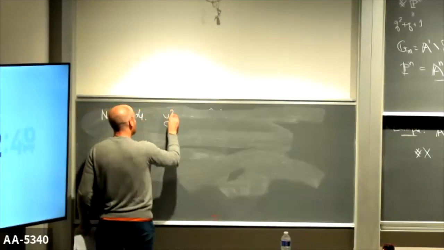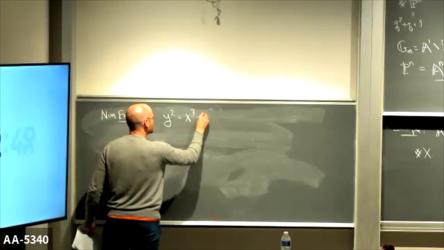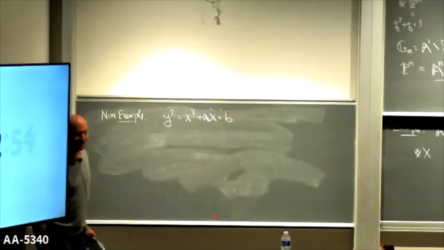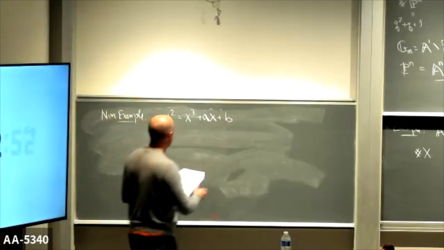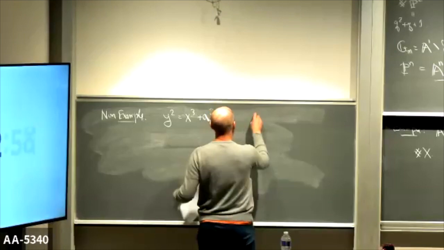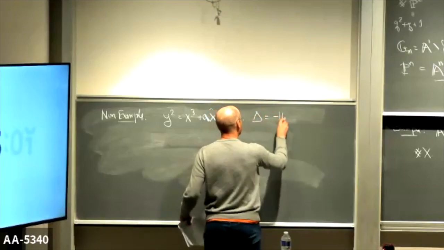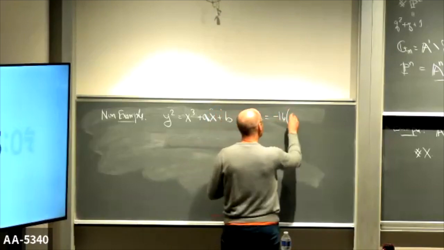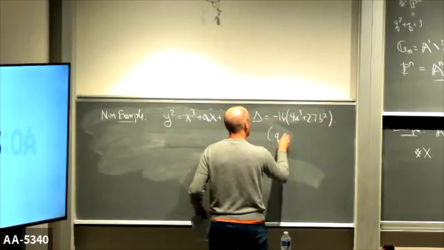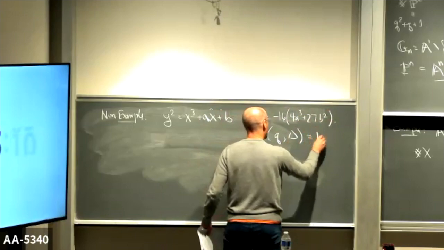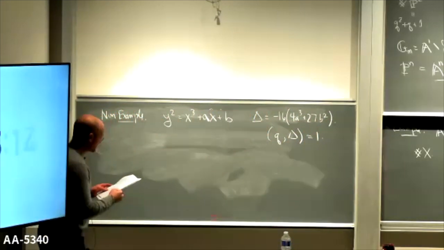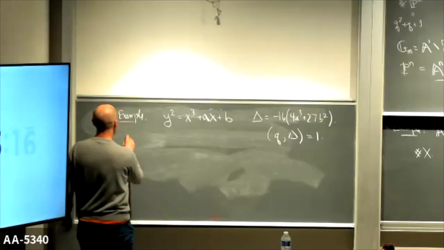We could take a slightly more interesting equation that's familiar to many of you: y^2 = x^3 + ax + b, an elliptic curve. Then we can write down the discriminant, -16(4a^3 + 27b^2), and we should assume that the discriminant is relatively prime to the size of our field, so that the geometry is nice.